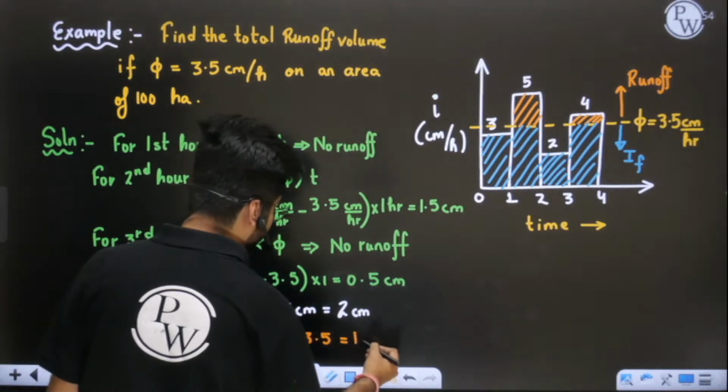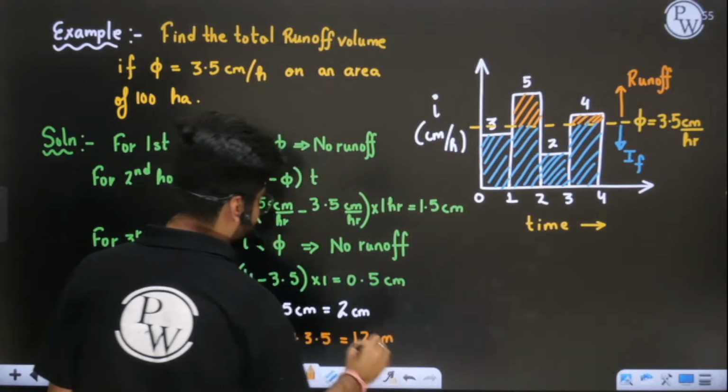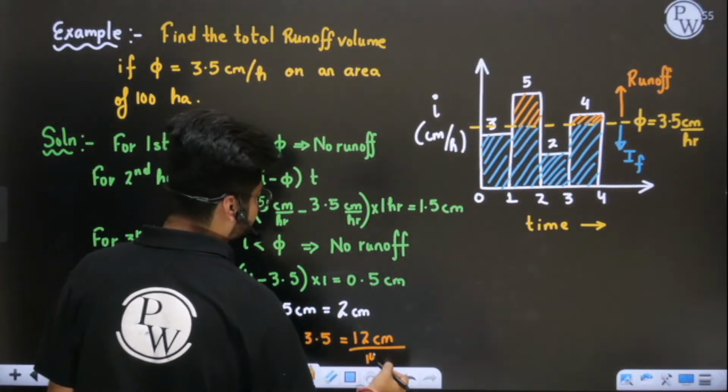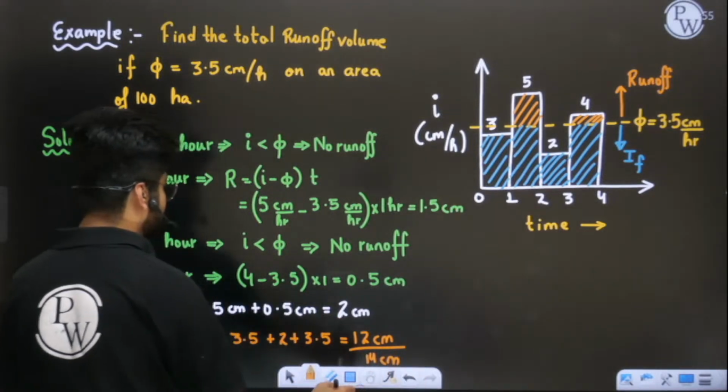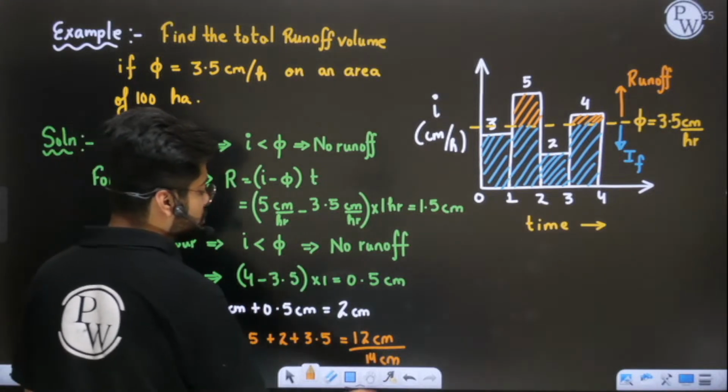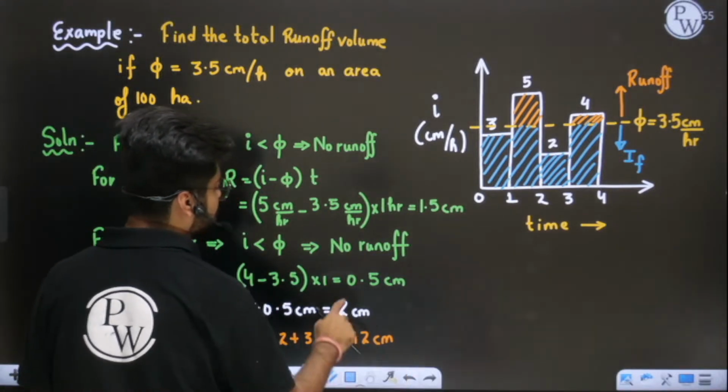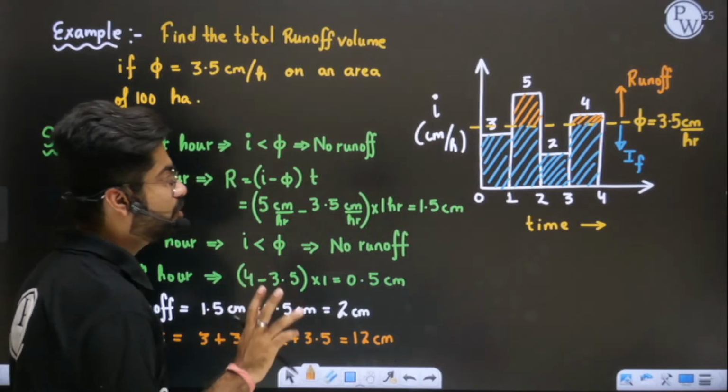So 7 plus 5 is 12 centimeter. You are absolutely correct. And the total rainfall will be 14. Out of total 14 centimeter, 12 is going inside the ground, and 2 is taking part in the form of runoff.